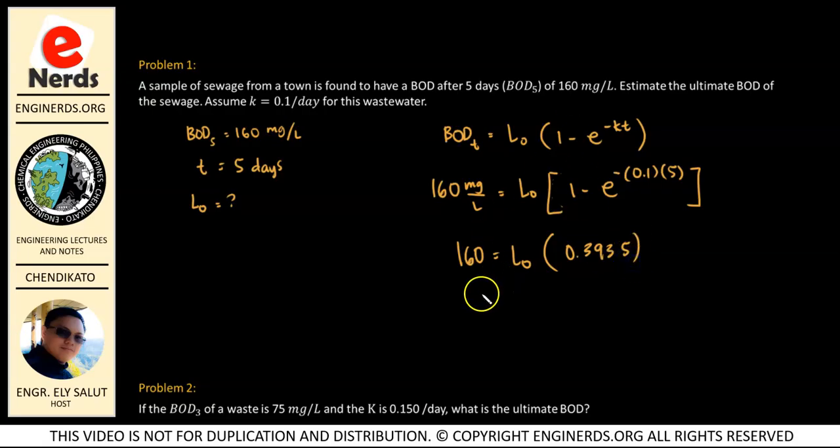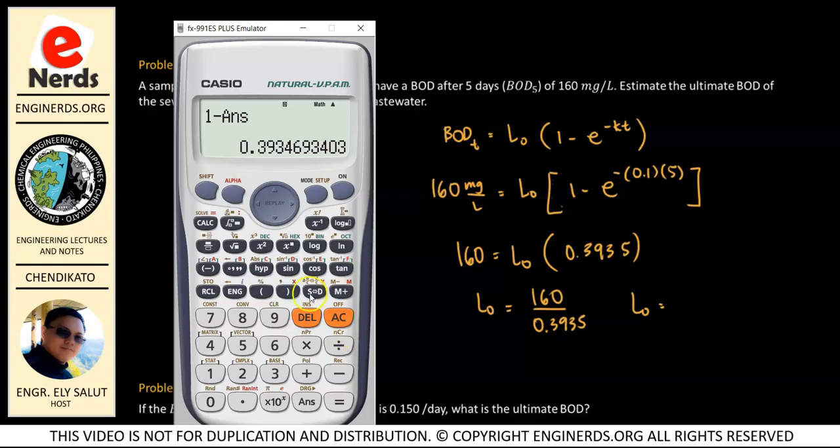Okay, so therefore, our LO is equal to 160 divided by 0.3935. So, our LO or our ultimate BOD is equal to 160 divided by our previous answer, which is 406.64, no?